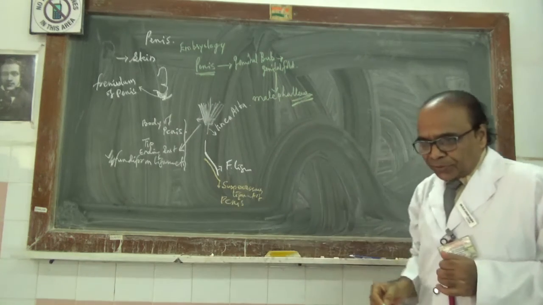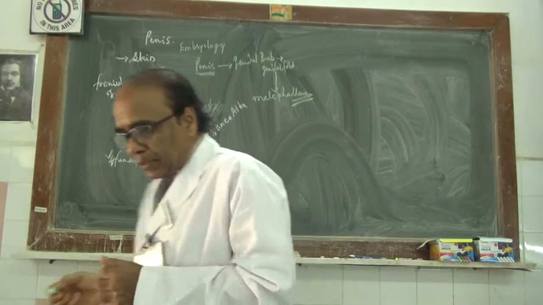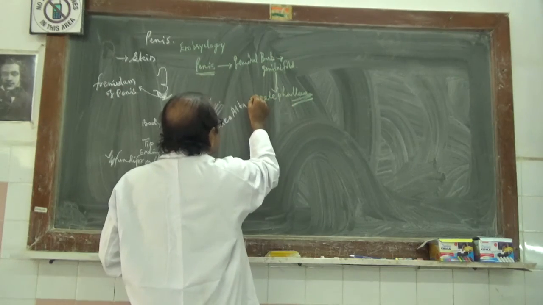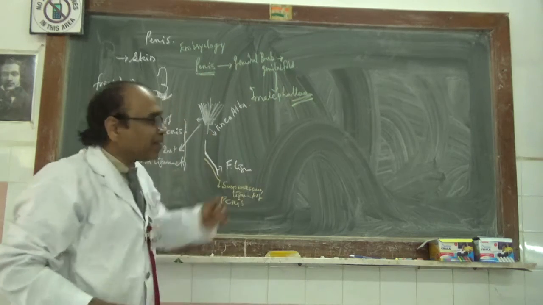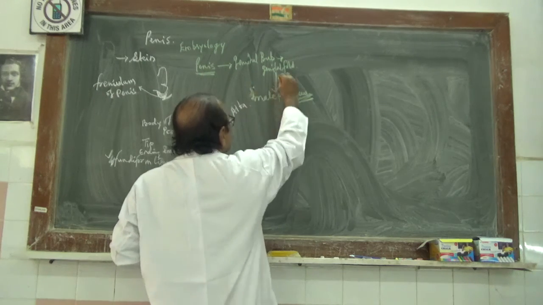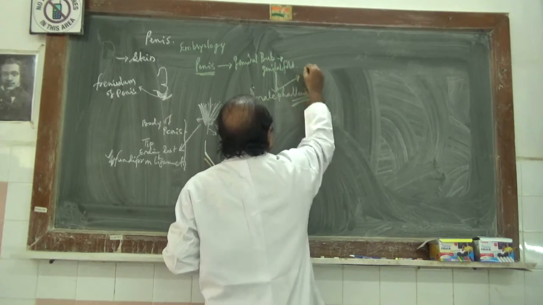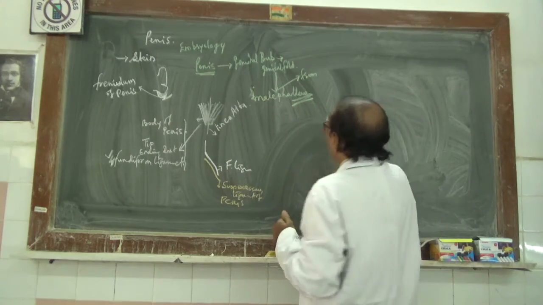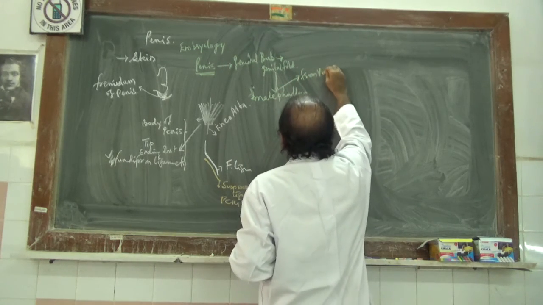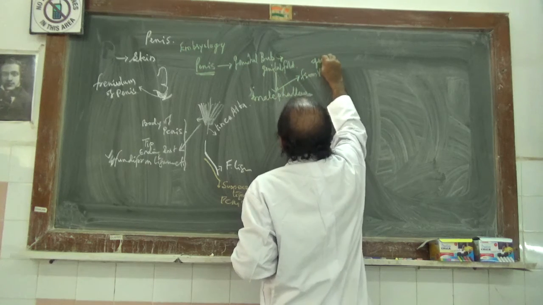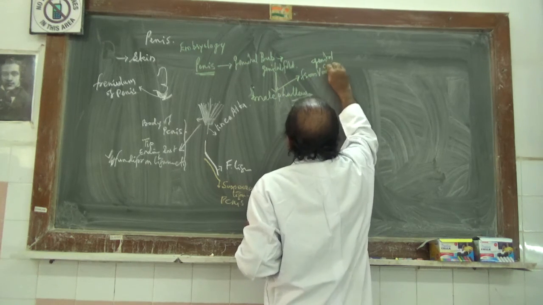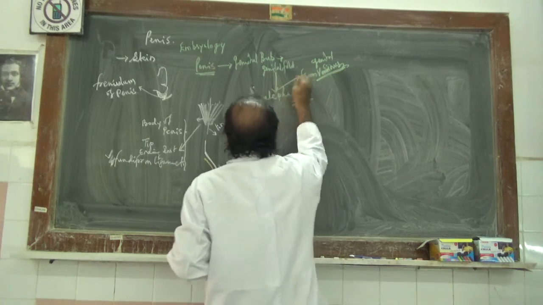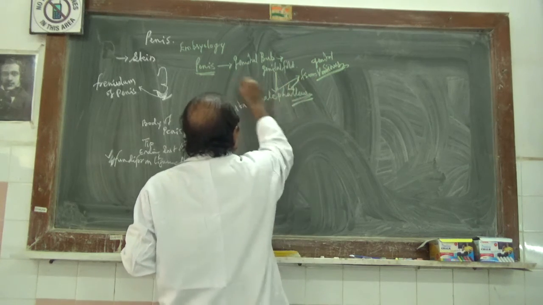This male phallus is formed from the venous genital sinuses.